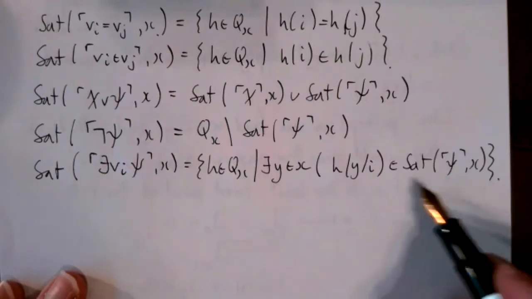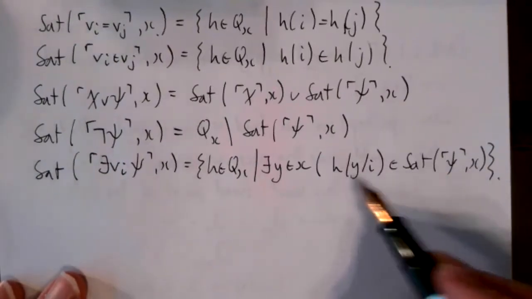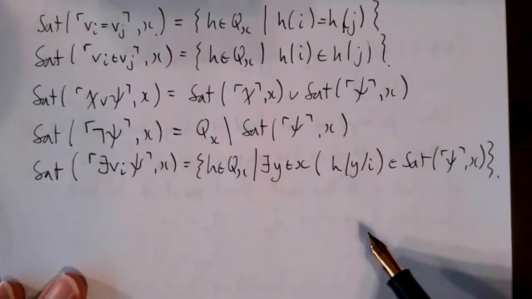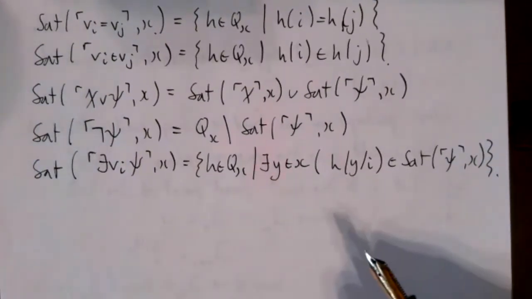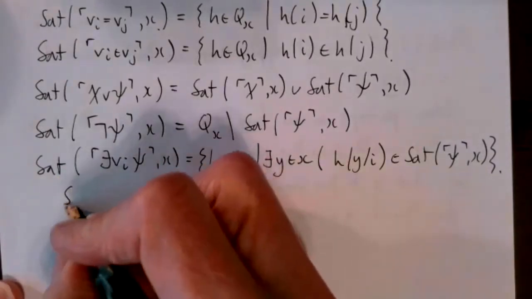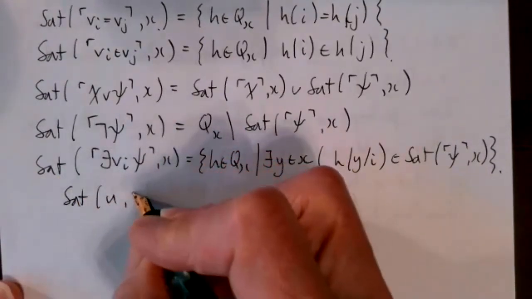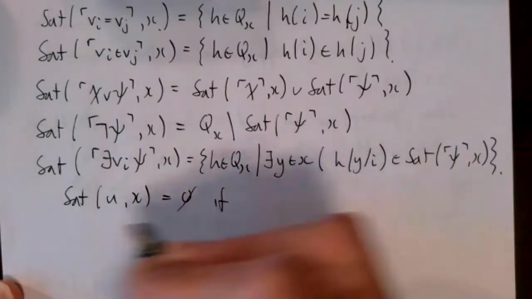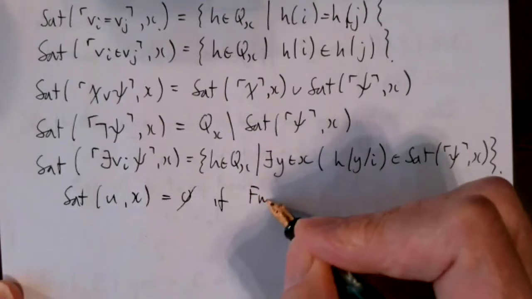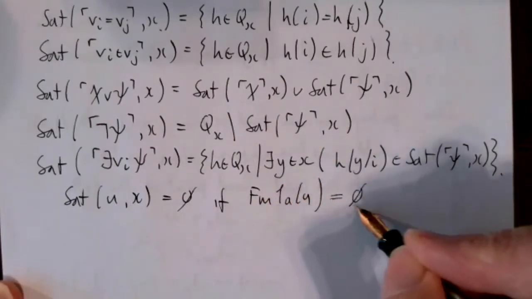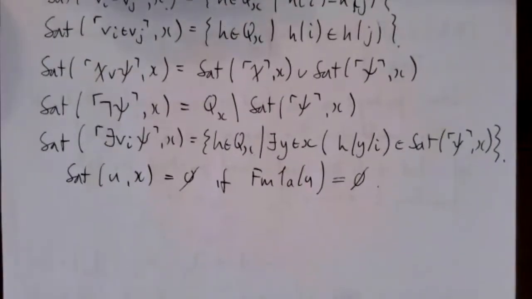Doesn't matter what the y is, as long as this valuation makes it true, then I'll put h into qx. And the last is just the default clause. This is empty if this is not a formula, right, if that's 0.